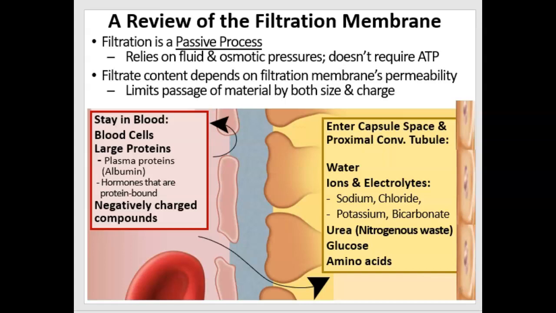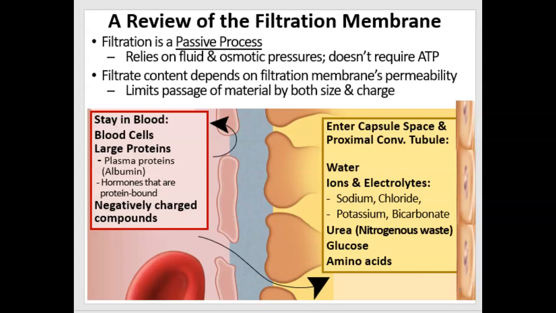And what gets across depends on the filtration membrane's permeability, that is, size and charge. Size of these fenestrations, charge in the basement membrane, which is negative, and the size of these filtration slits.